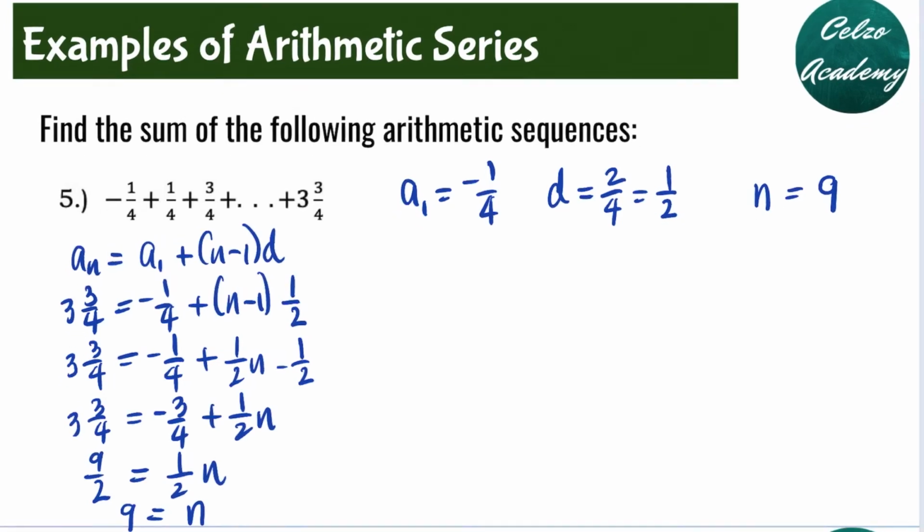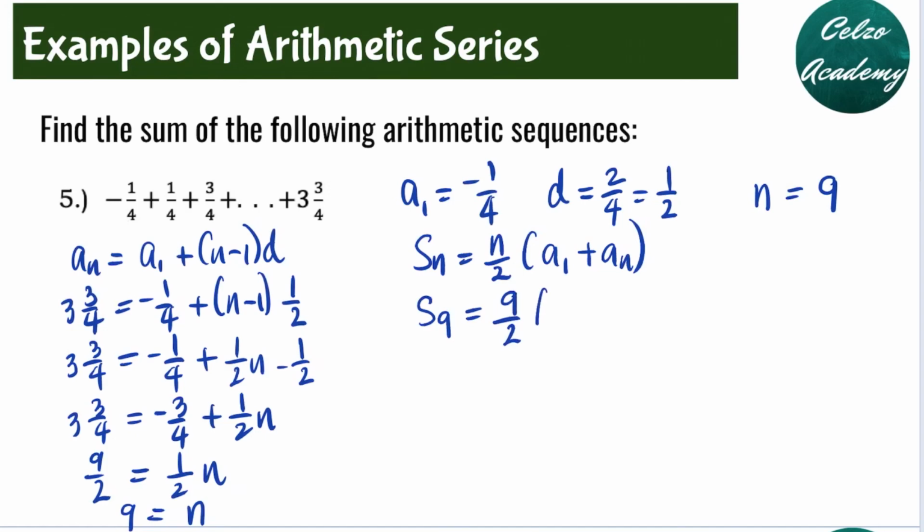Now we will solve for the sum using s sub n is equal to n over 2 times a sub 1 plus a sub n. We're solving for the sum of the 9 terms, so that's s sub 9. We have 9 over 2. First term is negative 1/4, and the last term is 3 3/4. Simplifying this, we have 9 over 2.